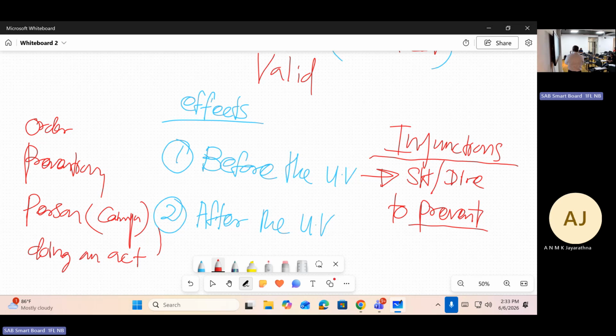If the company, before engaging into an ultra vires transaction, right? Before engaging into the ultra vires transaction, a shareholder or director can bring an action in order to prevent the company from engaging into it. Injunction.